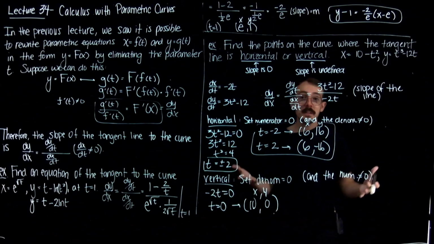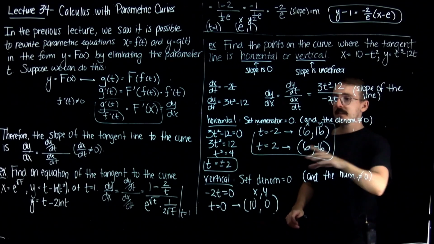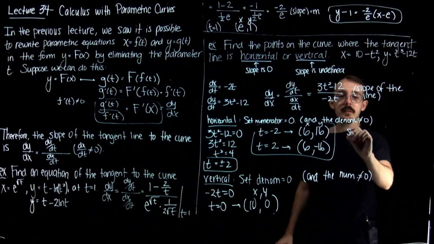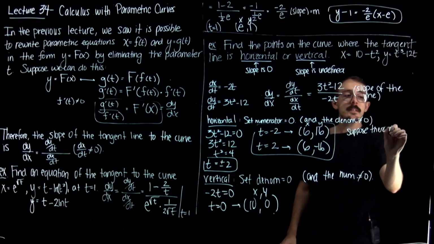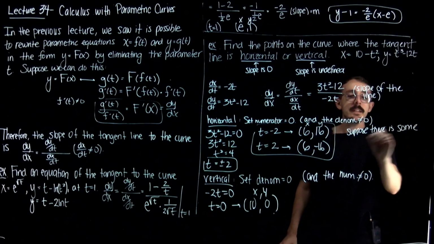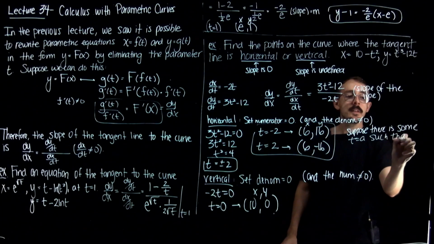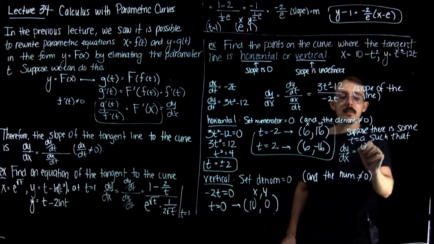And I will make one statement right here. What happens if both of these are equal to 0? Suppose there is some t equal to a such that dy/dx is 0 over 0.